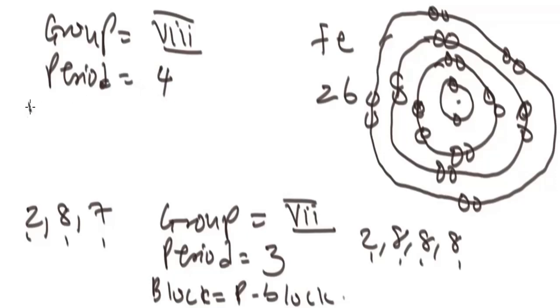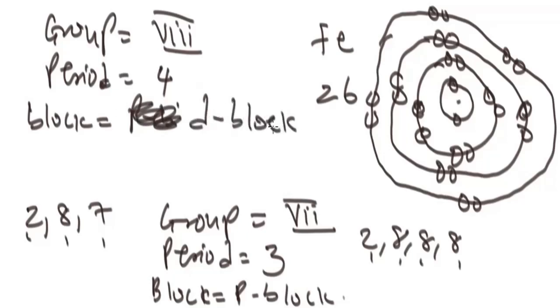The block of iron will be D block, because I told you that elements from 21 to 30 on the periodic table belong to the D block. So iron is a transition metal. This is basically how you can solve problems involving group, period, and block of elements between 1 and 30 on the periodic table.